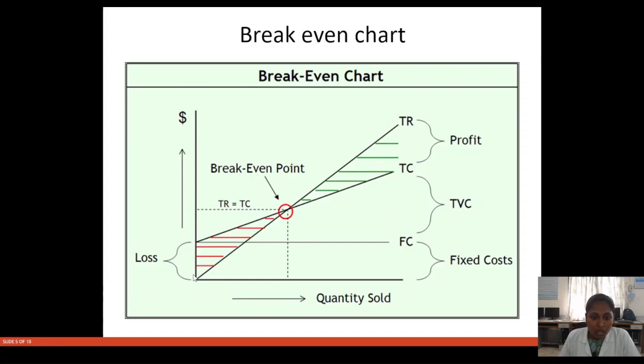Where the total cost line and the total revenue line touch, that point is called the break-even point. That point is called the no loss or no profit point. This point can be formulated only if you assume that total revenue is equal to total cost. Above that point you are going to get the profit, and below that point you are going to get the loss.